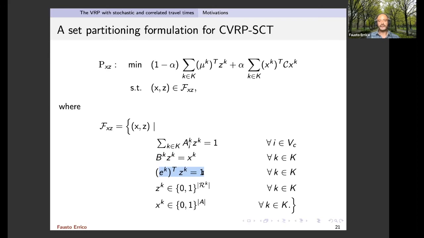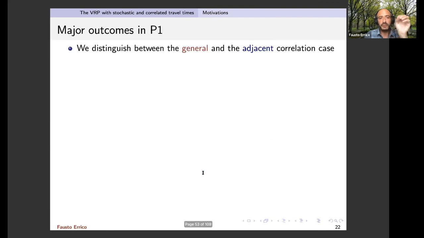So this is a kind of hybrid: a set partition formulation plus some arc variables. The important part here is that we have an index K on the vehicles, which has an impact. This is a general formulation for the problem.